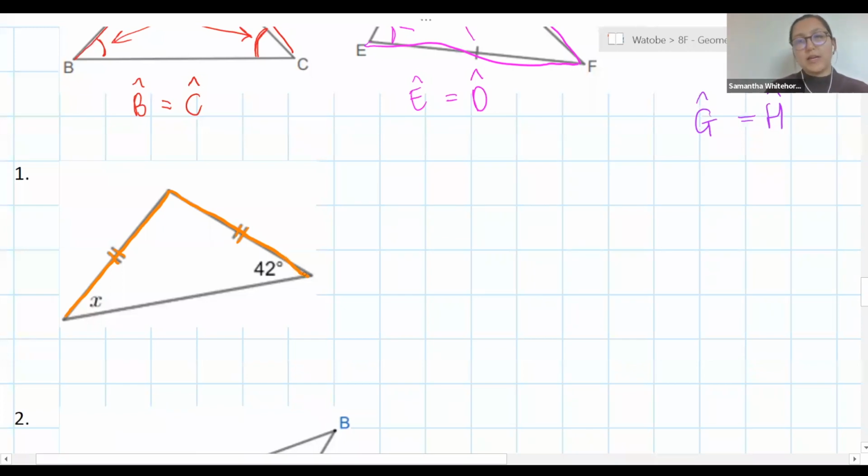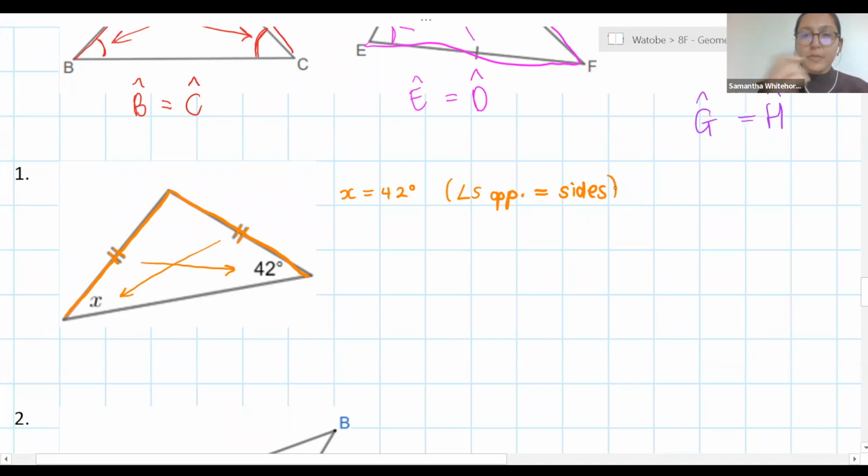Those two sides that I've highlighted in orange are equal, and that means the angles opposite those sides are equal. If I've been given 42, then x is equal to 42 degrees. And our reason is what we've just learned, angles opposite equal sides.